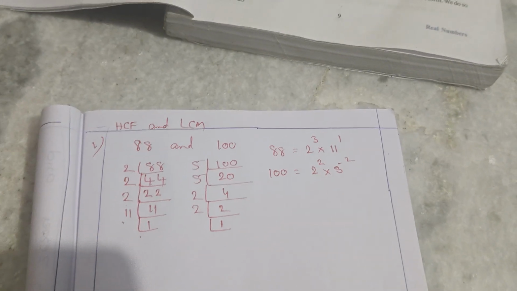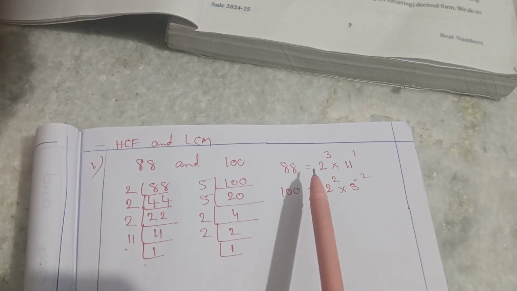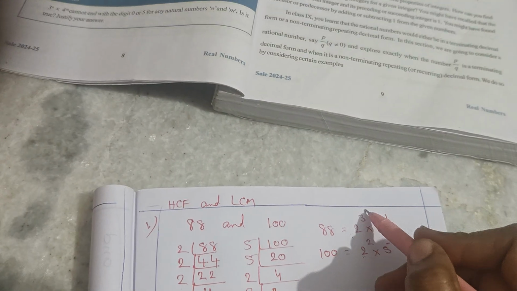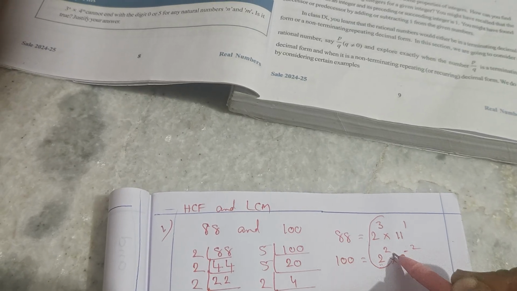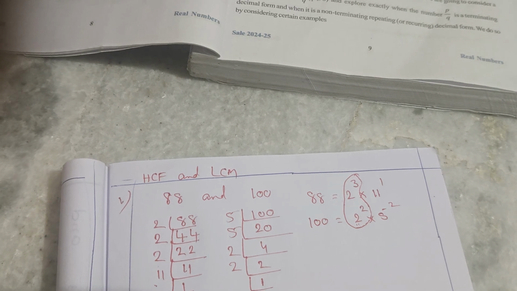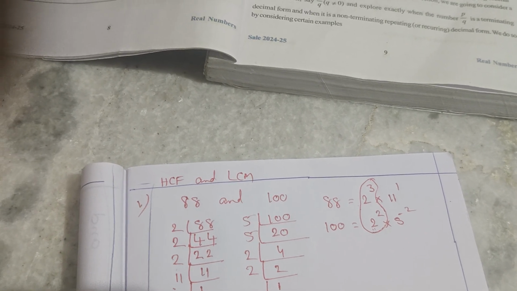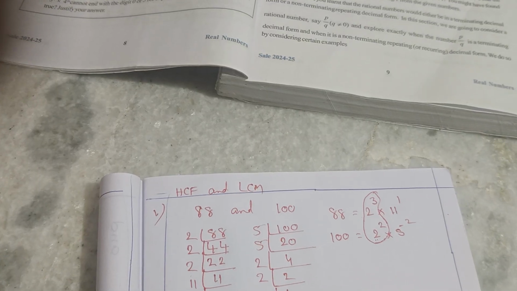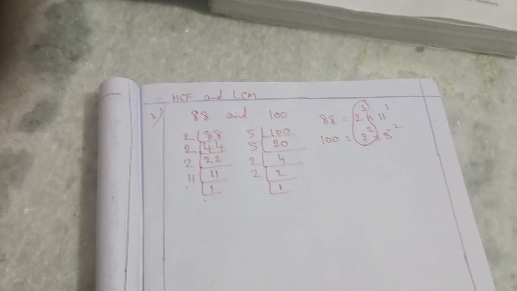You have to see what the common prime factors are here. Common base 2. This common base you compulsorily have to take. In this common base, we have to take which power? Smallest power. You see 2 power 3 and 2 squared. What is the smallest power? 2 squared. Is it right?